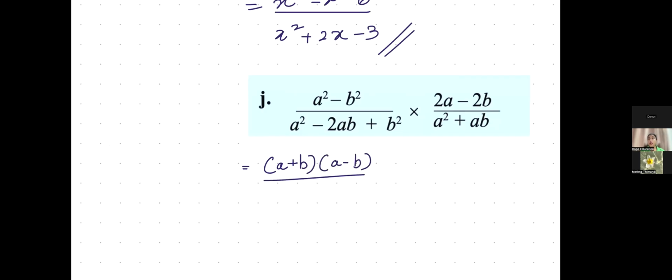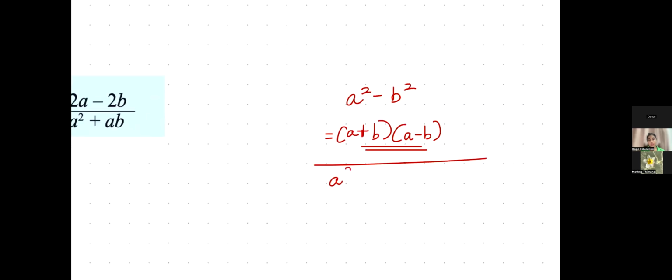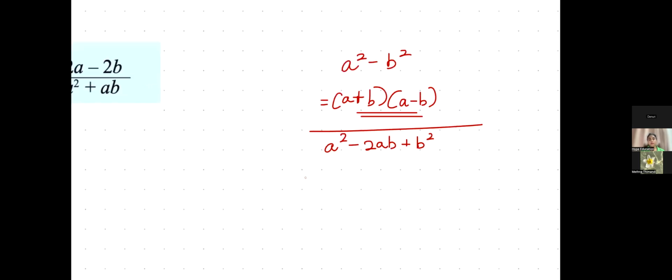Now here I have A squared minus 2AB plus B squared. How do we get this? How do we do this kind of question? Quickly tell. A squared, B squared we multiply.